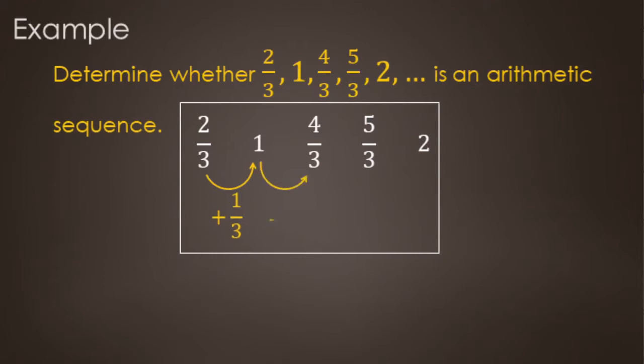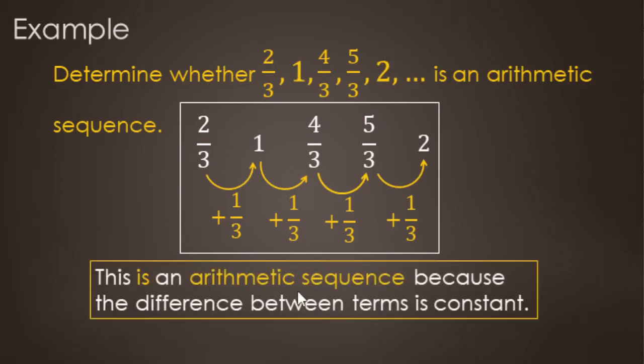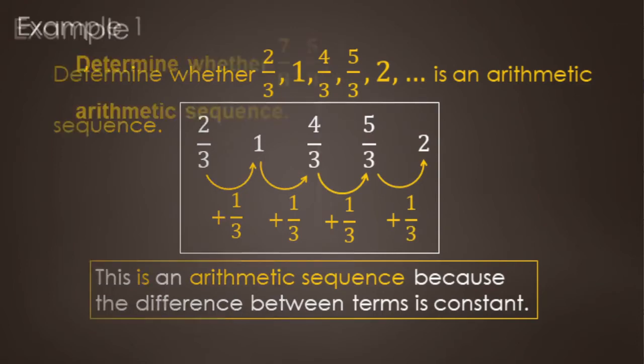From 1 to 4/3, +1/3. 4/3 to 5/3 is probably the easiest one: we're just adding 1 to the 4 to make the 5, with 3 for the denominators. And 5/3 to 2 is also another +1/3. So although it's got fractions and whole numbers and looks kind of messy, this one is indeed an arithmetic sequence because we're adding the same amount for each term.